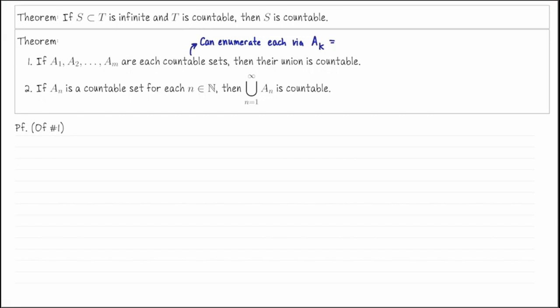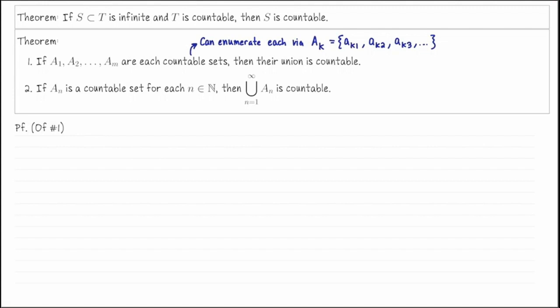I'm going to call each element little a sub k to show that it comes from the set big A sub k, but then I'm going to append a subscript 1 showing that this is like the first element. This is where we might map natural number 1. A sub k2 is where we would map natural number 2, A sub k3, and on and on. Okay, we'll use this notation in a minute.